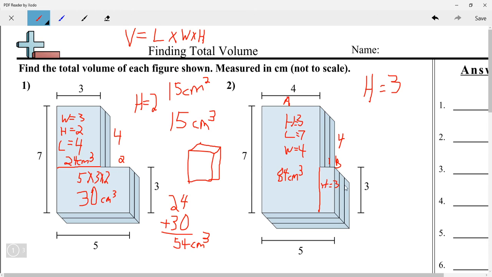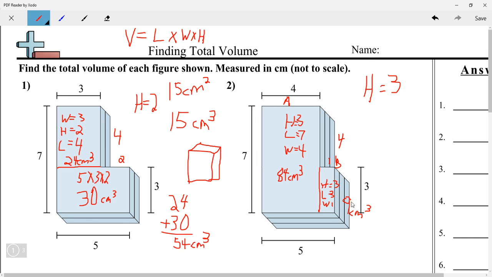And this, let's see what this is. This is 3 and 1. So then we have 3 and 1 as length and width. So now we are going to multiply all these. 3 times 3 is 9, times 1 is still 9, and so this is 9 centimeters cubed.